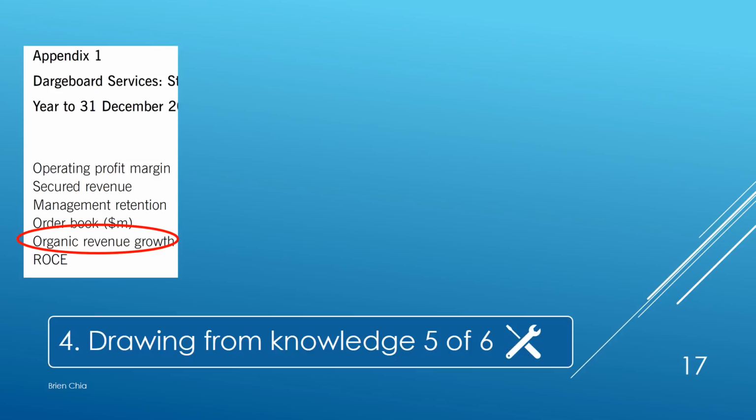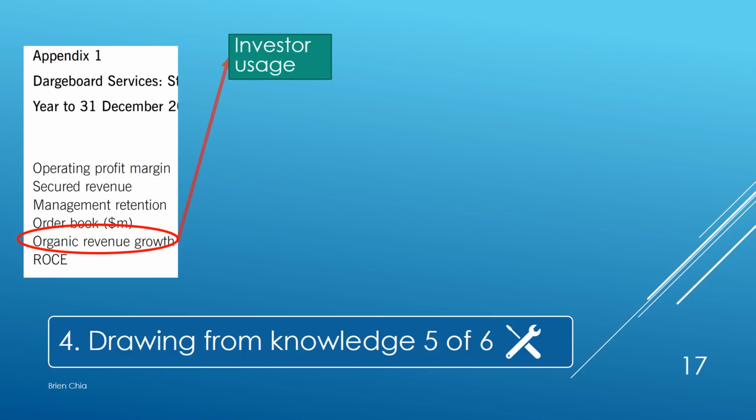So we're looking at the fifth measure, which is organic revenue growth. Now, the word they use, organic, means that you're looking at revenue from existing operations. That means we are not creating new branches, or buying a new company and taking over their revenue streams. We are only looking at our existing operations.